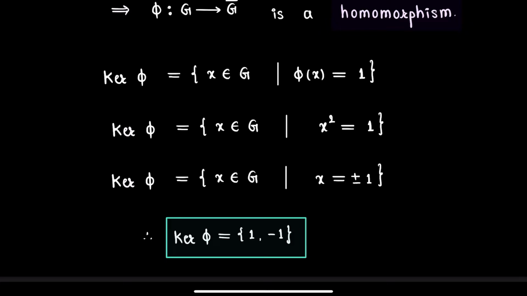Then kernel phi will be the set of all those elements x in G such that x square is equal to 1, since phi of x is x square. Next we get kernel phi is the set of all those elements x in group G such that x is equal to plus minus 1. Solving this we get x equal to plus minus 1, and thus kernel phi is the set containing two elements, 1 and minus 1.